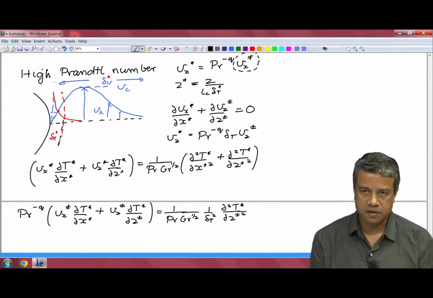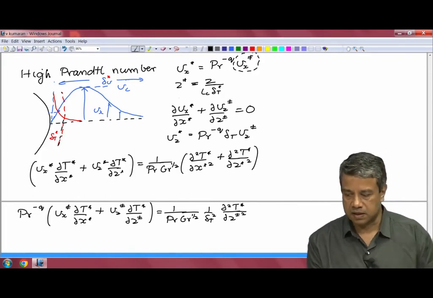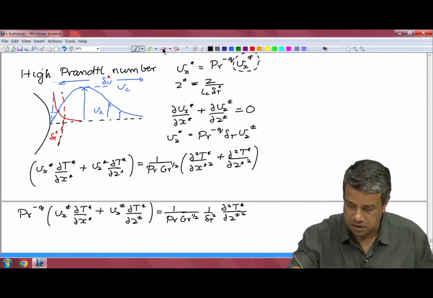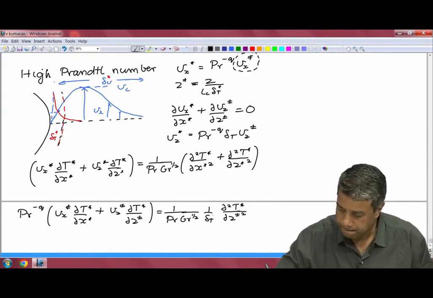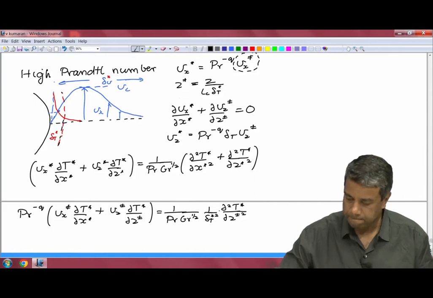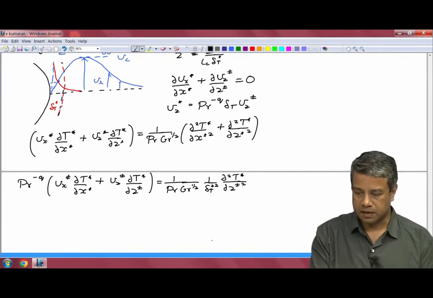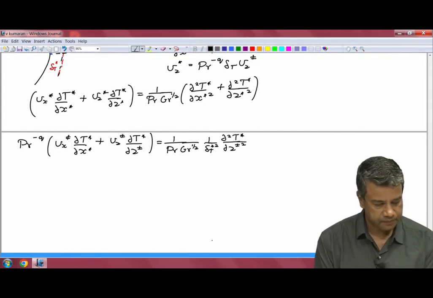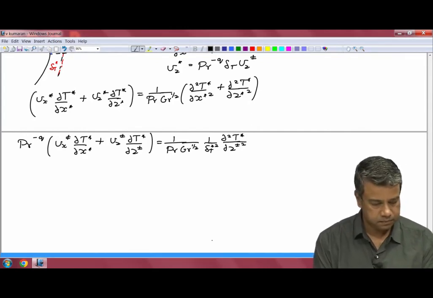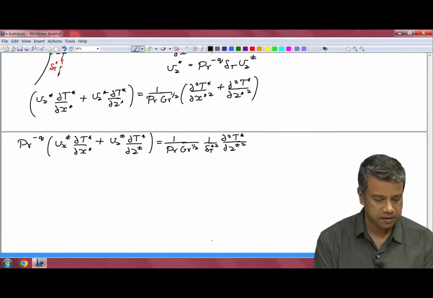And in the case of cross stream diffusion, the boundary layer thickness is delta t, smaller than the characteristic size. So, that is the thermal energy conservation equation.